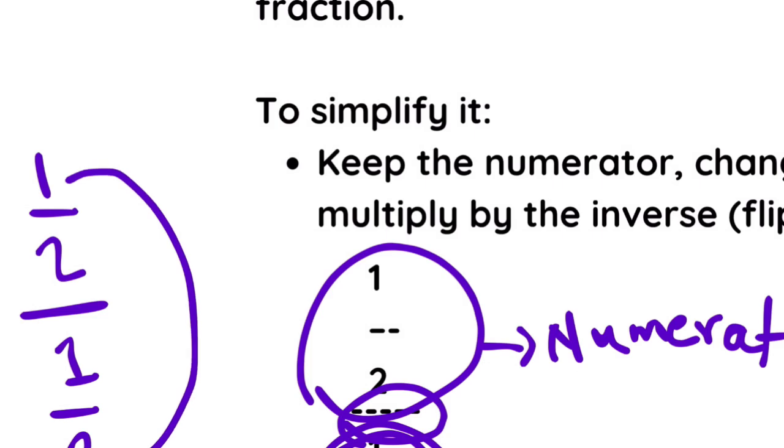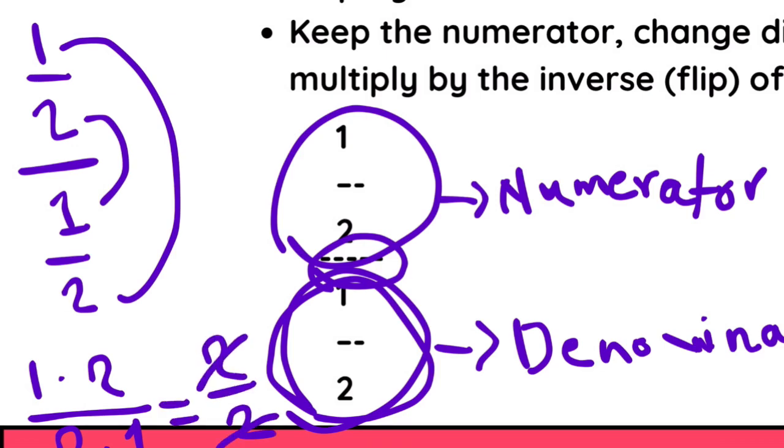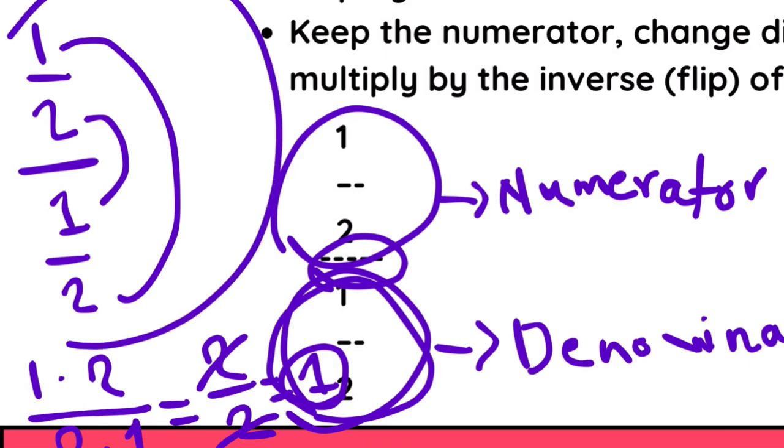The first numerator by the second denominator, so 1 times 2, and then you multiply the numerator's denominator by the denominator's numerator, so these two, right? So 2 times 1, and yeah, 2, 2, and 1. Sorry for the mess in here, but the concept is the same. It's the same way, but this tip is simpler for you to visualize so that you can solve the problems of complex fractions very easily.